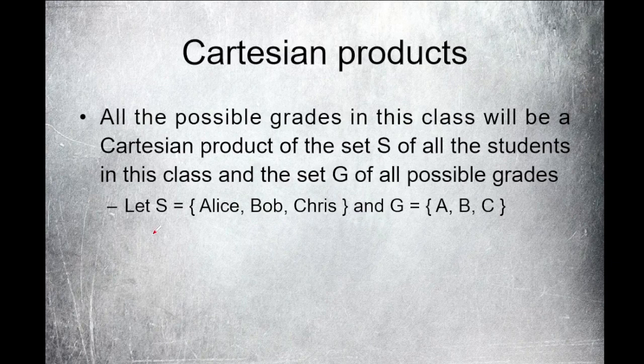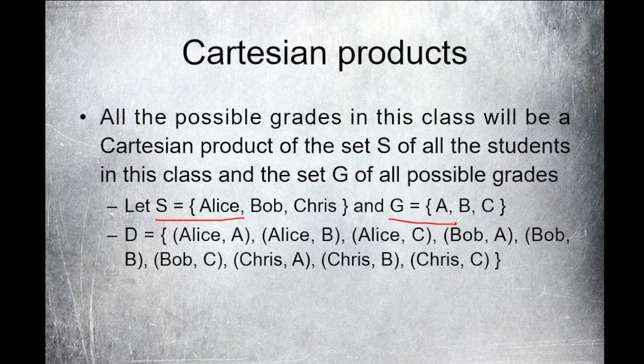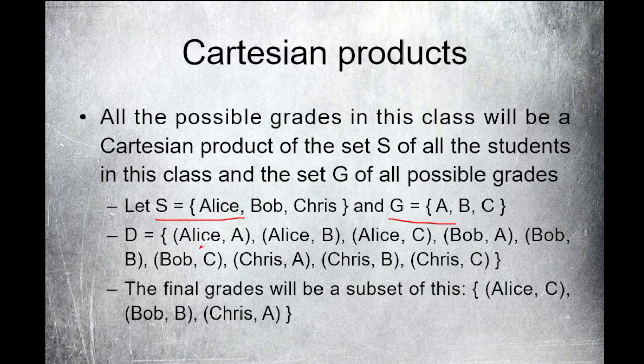Suppose I have this set S with the students and G as the grades, then you can create the Cartesian product of that as this one, and the final grades will be a subset of this Cartesian product, because the Cartesian product is all possibilities.